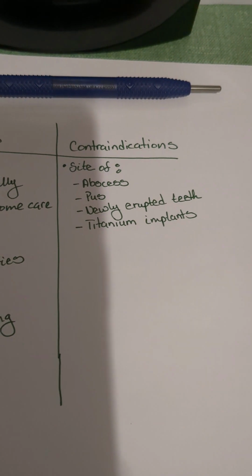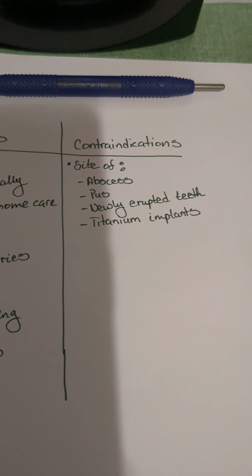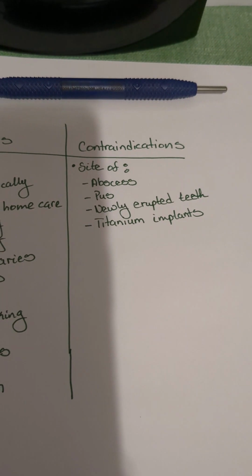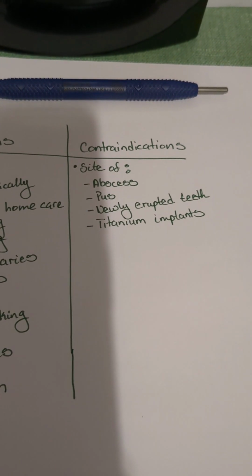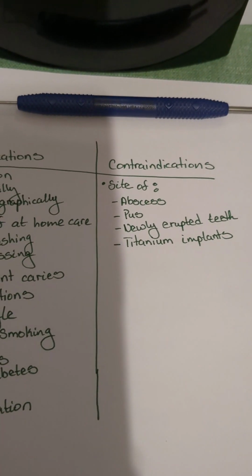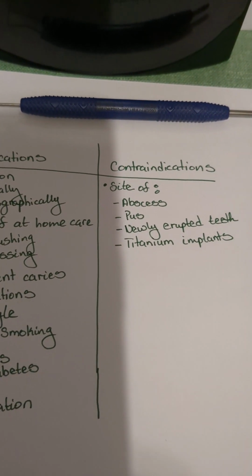Contraindicators can be site of abscess, pus, newly erupted teeth, titanium implants, and maybe medication as well.